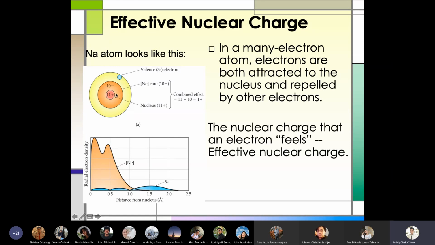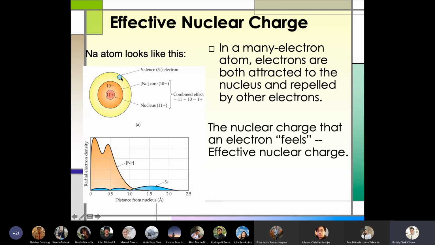However, that doesn't happen because there are electrons at specific energy levels that are shielding this valence electron. So the pull of the nucleus on the blue electron here becomes lesser because the orange electron cloud, those 10 electrons, are kind of protecting this valence electron.